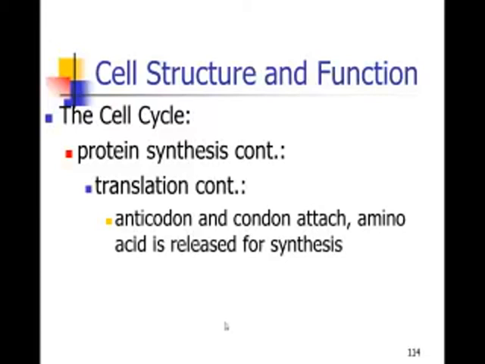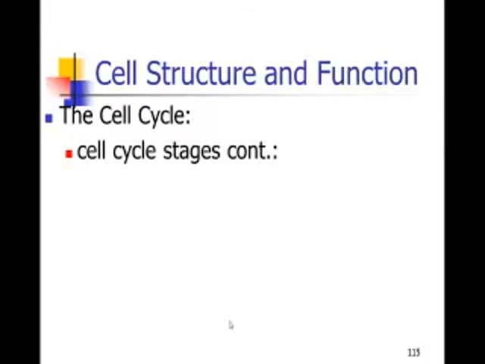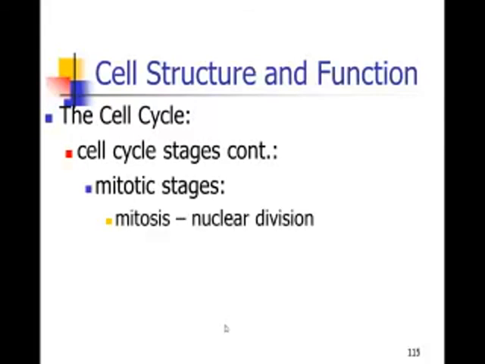Okay. So the anticodon of the transfer RNA attaches to the codon from the messenger RNA. The amino acid is released and incorporated into the protein that's being synthesized. This is pretty cool. Actually, the fact that it all came about is pretty remarkable.